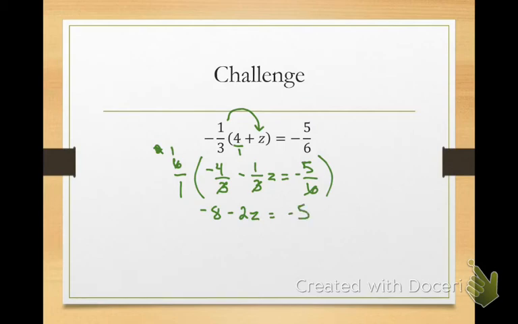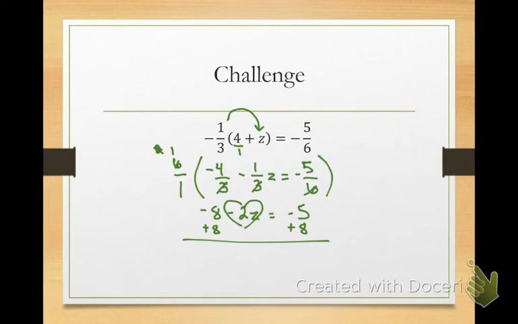All right, so now I can kind of take a deep breath. I got through the hard part. I got through the clearing fractions. My heart goes around where? The negative 2z. I add 8 to both sides. What is negative 5 plus 8? 3.